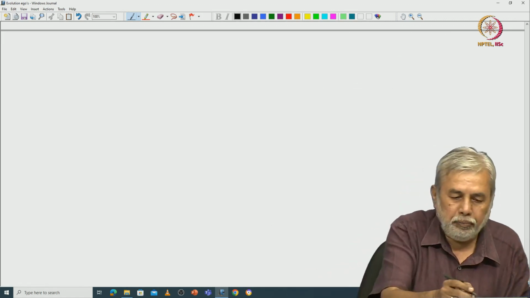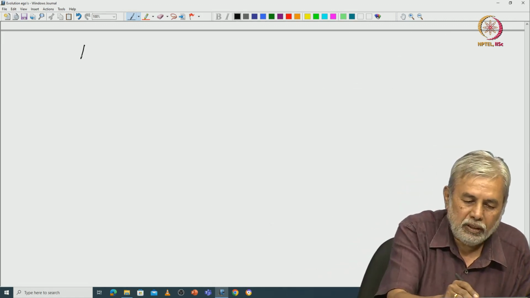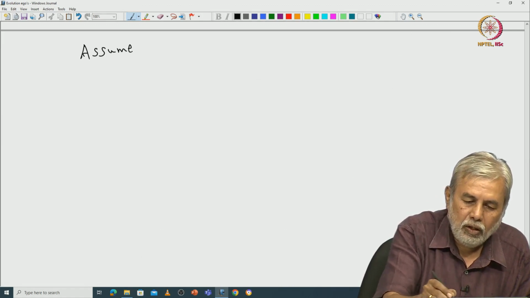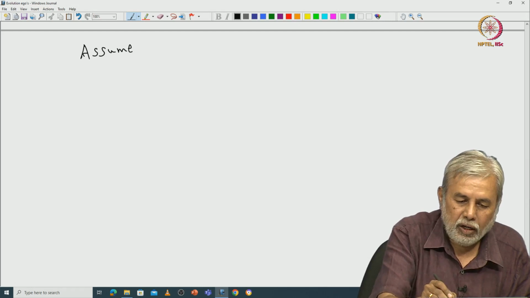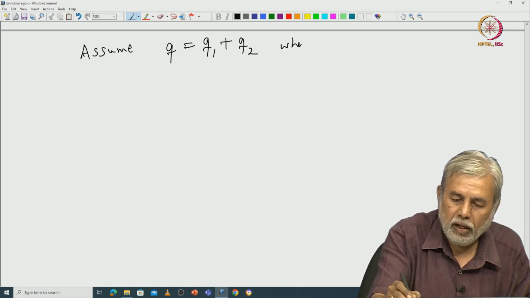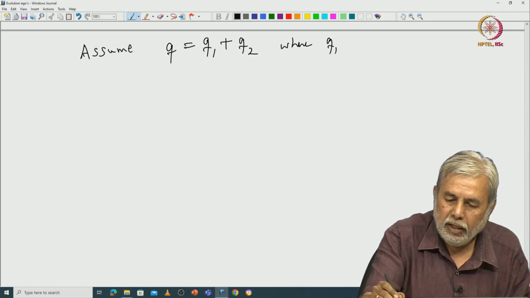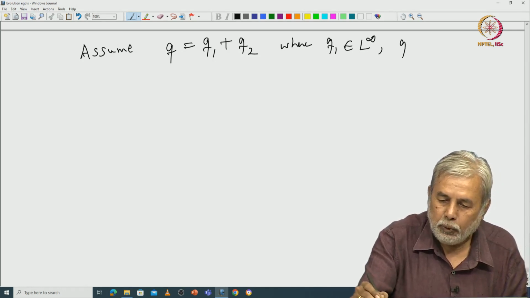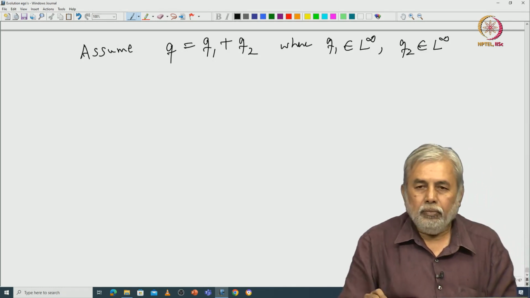Now assume that q is real valued, we assumed already, q equal to q1 plus q2, where q1 is bounded, in L infinity, and q2 is in L2.